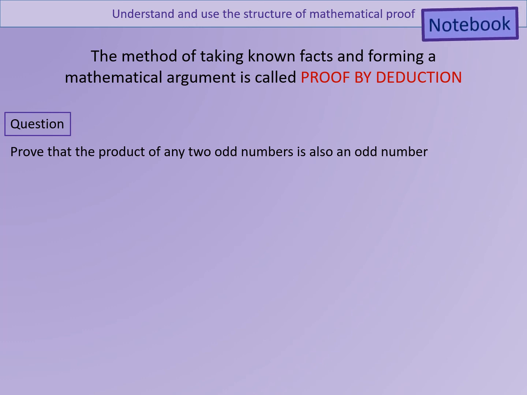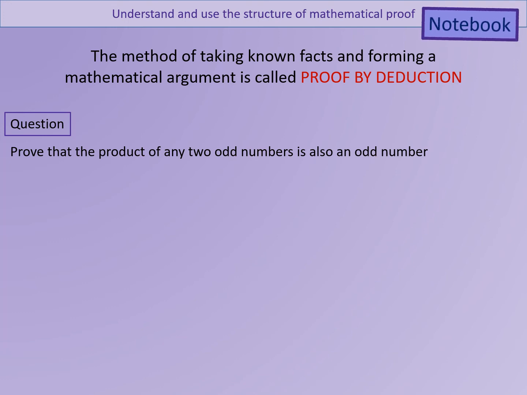And the most common mistake that students make with this question is that they use the same letter for both. So they might use n for the first one, so 2n plus 1 would be their first odd number, and then they use 2n plus 3 as their second odd number.